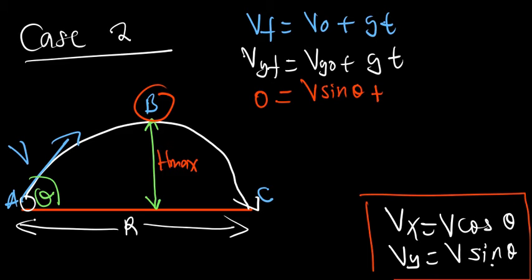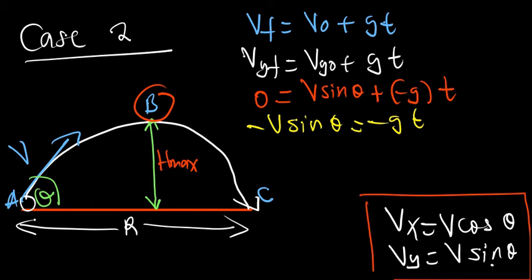Now G, since something is going up, when something is going against gravity or going up, G is negative, times T. Then let's shift this to the other side. So it will be negative V sine theta is equal to negative GT.